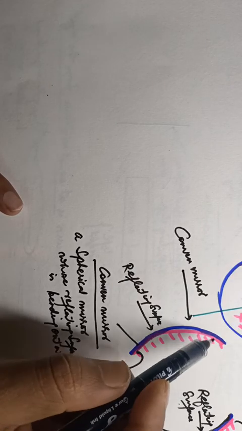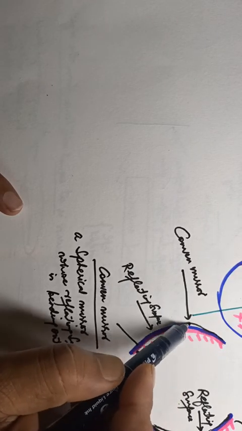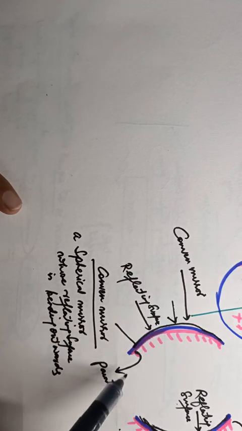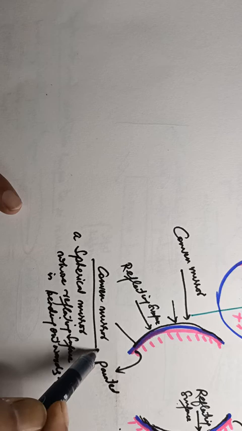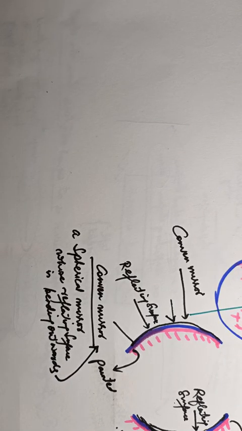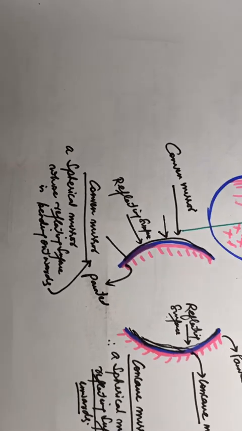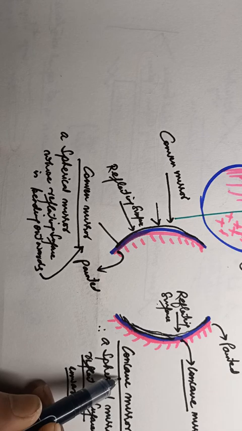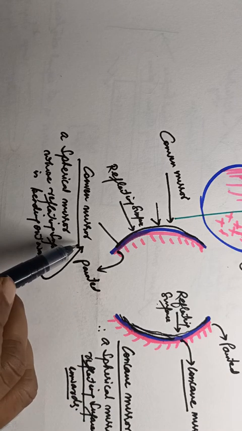Now you can see here, in this case, this is a reflecting surface, it's bending outwards. Therefore, it is called as a convex mirror. So please keep in mind, though there are different types of spherical mirror, from your class 10 point of view, we will discuss only about two different types of spherical mirror. One is called as the concave mirror, and the other one is called as convex mirror.